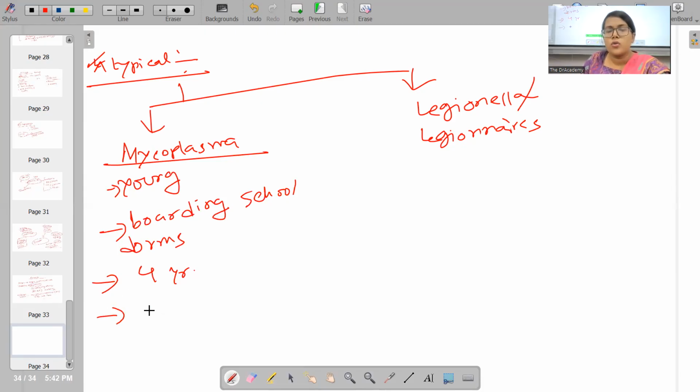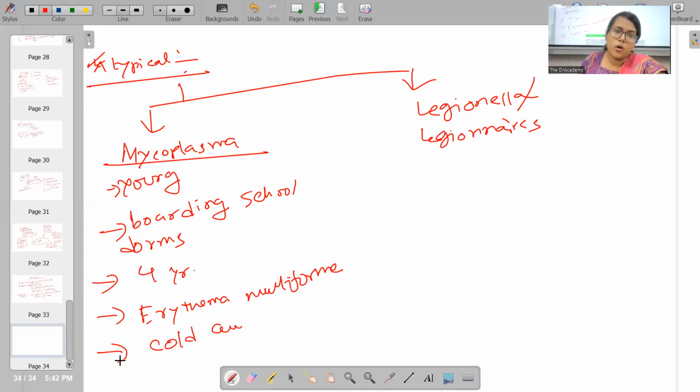Mycoplasma pneumoniae also causes skin rashes like erythema multiforme. So skin rash, apart from pneumonia, is another important way of detecting Mycoplasma pneumonia. Another one is it can cause cold autoantibody induced autoimmune hemolysis, thereby leading to anemia and thrombocytopenia.